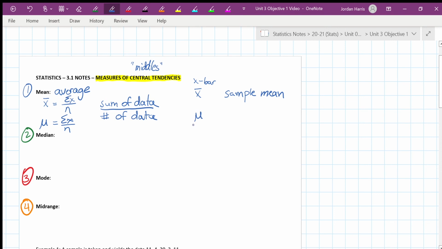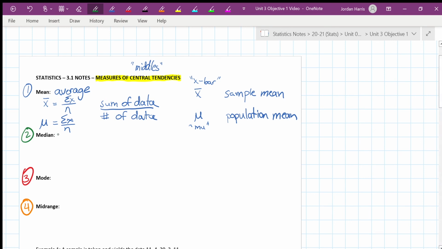That is the Greek letter mu. So we have x bar and mu. Mu is the population mean. This is our first distinction between a sample value and a population value. You're going to see lots of different symbols and have a lot of variables to memorize and know what they mean. But this is the sample mean, population mean.